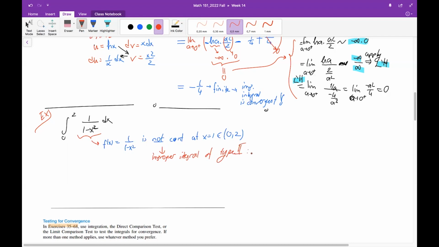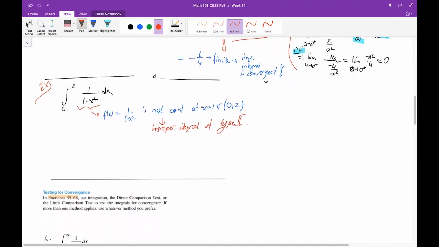Again, how do we deal with them? First of all, since this is a middle point, not the lower bound, not the upper bound, we need to divide the given improper integral into 2 parts at this point. So from 0 to 1 of 1 over 1 minus x squared dx plus, from where I left, I continue from 1 to 2, the same integral. Okay, now the problem is all about this point, right?